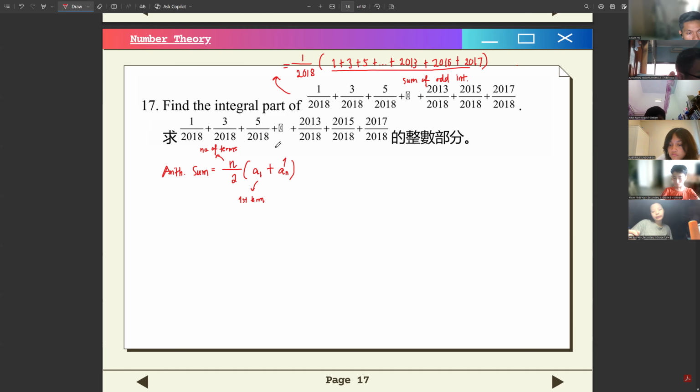AN is for the nth term, or usually we just denote it as the last term. Now, at this point, we know the first term is 1. We know the last term is 2017. But what's the number of terms? We can use this other formula. Do you still recall your formula for the arithmetic sequence? This one. D is for common difference.